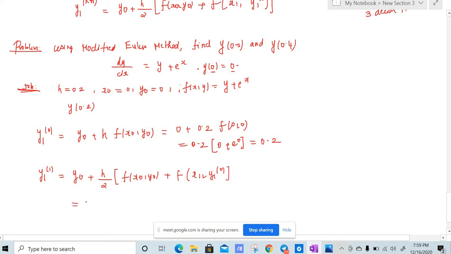So this will be 0 plus 0.2 by 2 into f of 0 comma 0 plus f of x1 comma y1 of 0. Actually we also need x1 and y1 also.